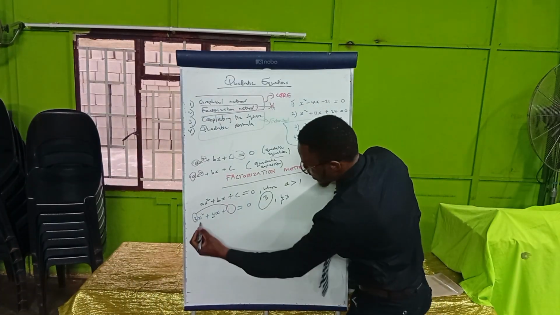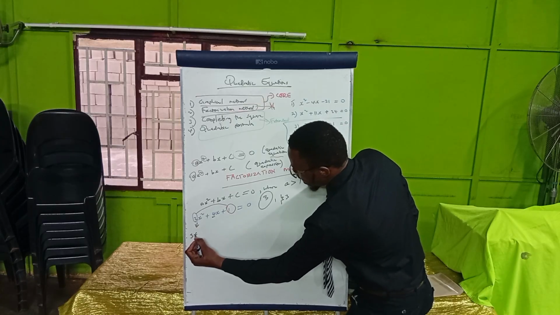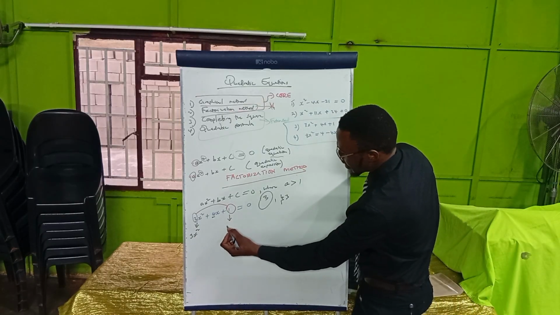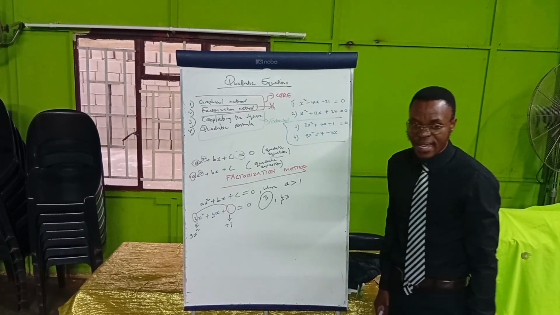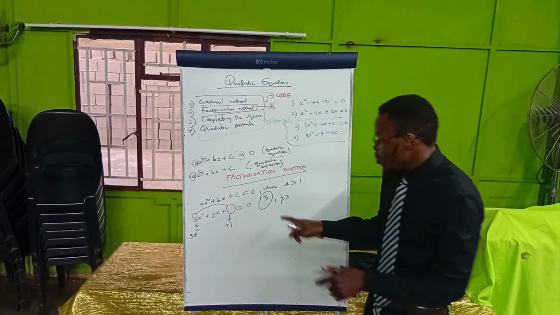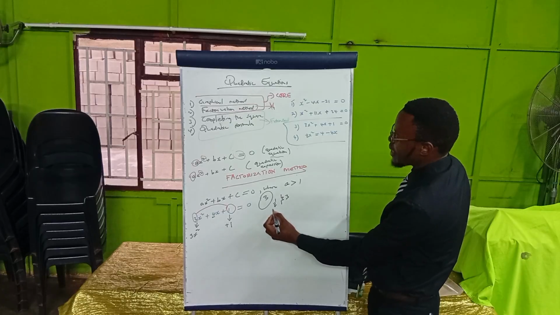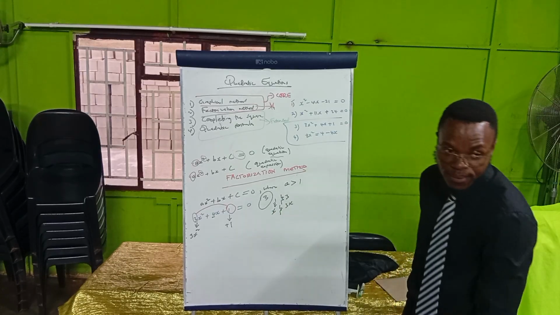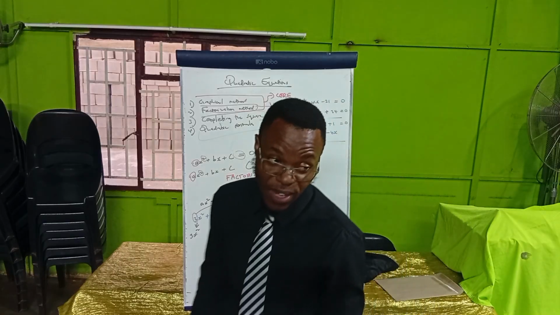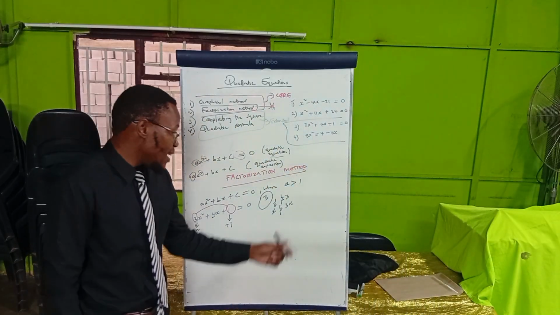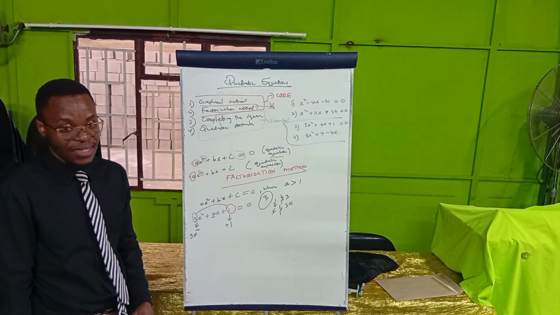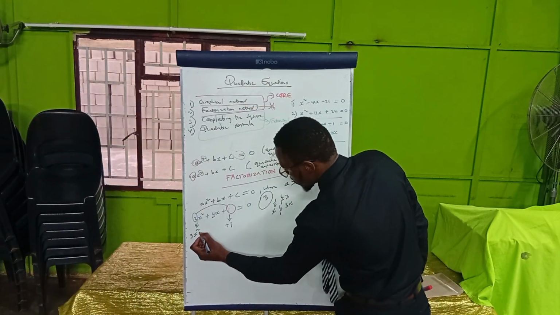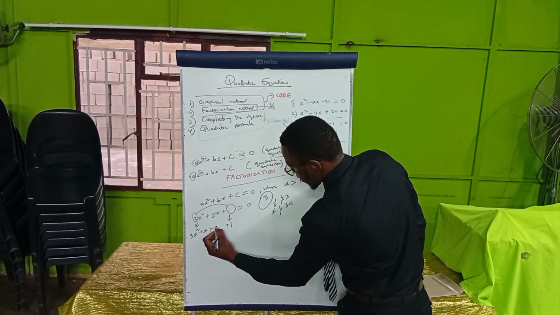In grouping, the first term will be maintained as 3x squared, and the last term will be maintained as positive 1. Then we are going to write these factors as a sum in terms of x. So 1, which was our factor, becomes x, and 3, which was our second factor, becomes 3x. So this now becomes plus x plus 3x.